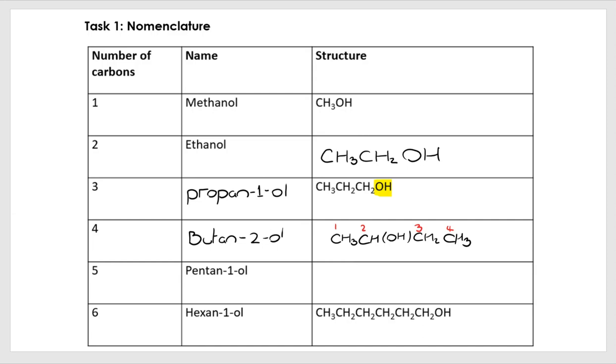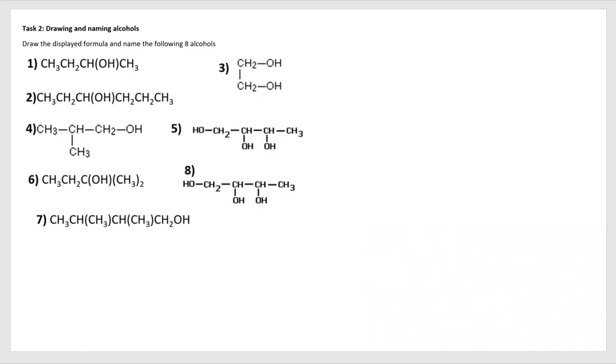And then a little bit more straightforward again. Pentan-1-ol, pent-5. I've got 1, 2, 3, 4, 5 carbons with an OH on the end of the carbon chain on carbon number 1. So now have a go at drawing the display formula and naming these examples.